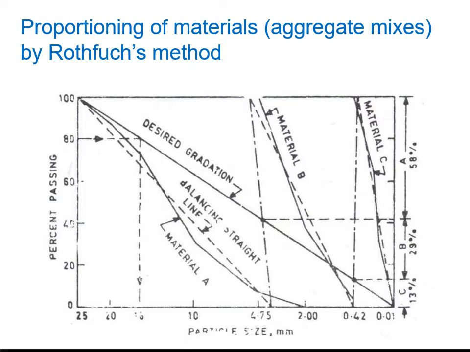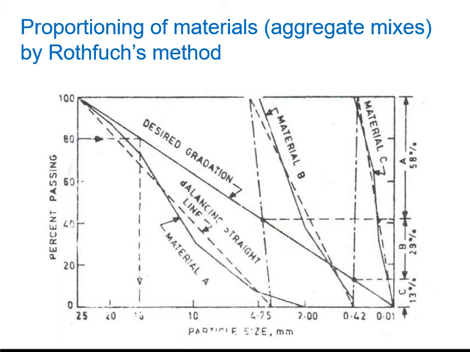Now on this chart, the grain size distribution curves of the materials to be mixed are plotted, which you can see: material A, material B and material C as per their gradation. We have plotted the points and connected them, so this is the gradation we are obtaining for material A, B and C, and this is our desired gradation from 100 to 0 mm, right?